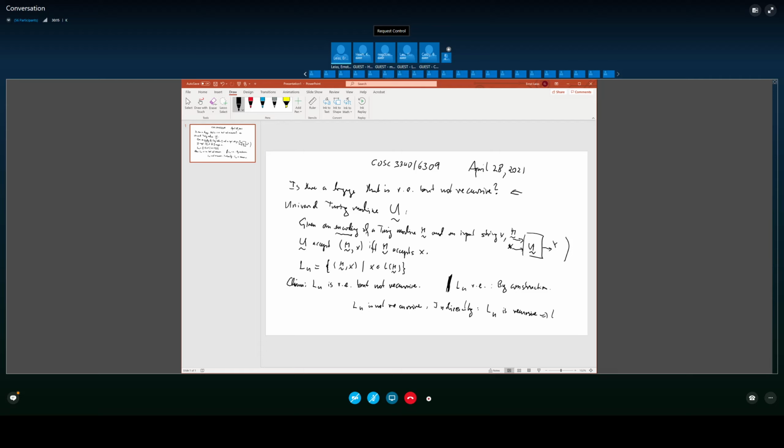Well, then that means, of course, that L sub U complement is recursive. That means that there exists a Turing machine for L sub U complement that halts on any input.